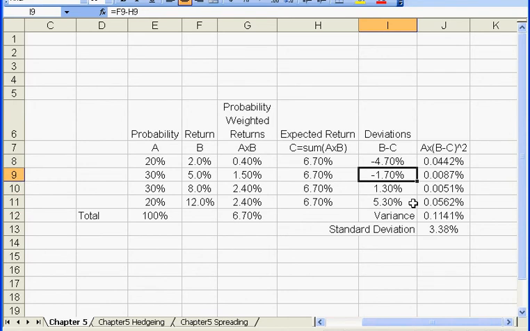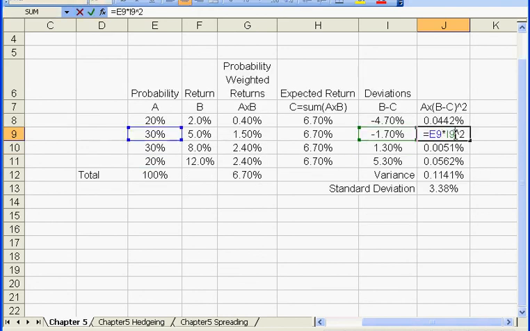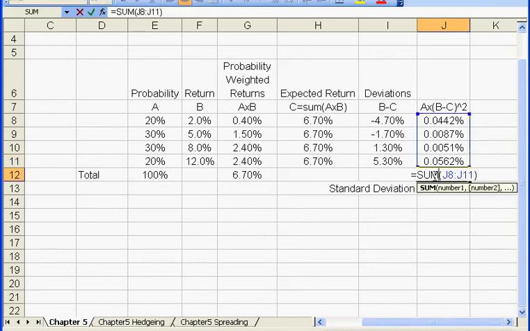What do we do? We have to take the square of them, and then we weight them with the probability. So you can see here I first square the green number, this negative 4.7 here, and then multiply by the blue number here, the probabilities. So I square them one by one and multiply by the probabilities. Again, I use the probability to weight all these squared deviations, and then I sum them up.